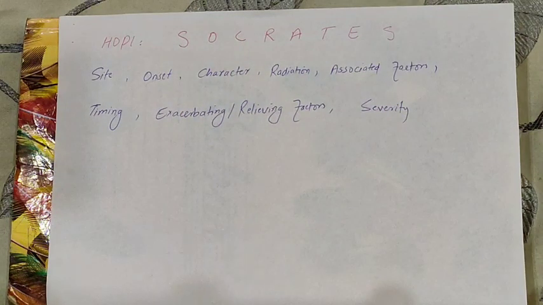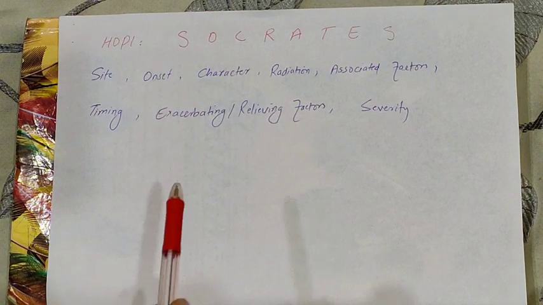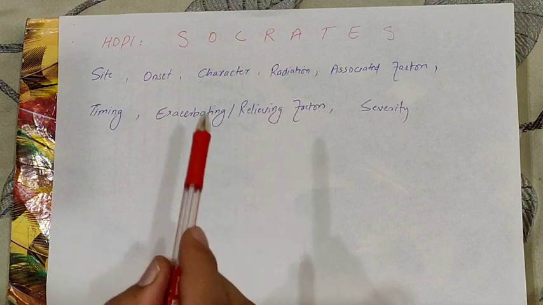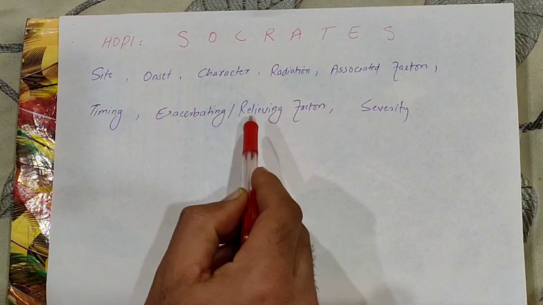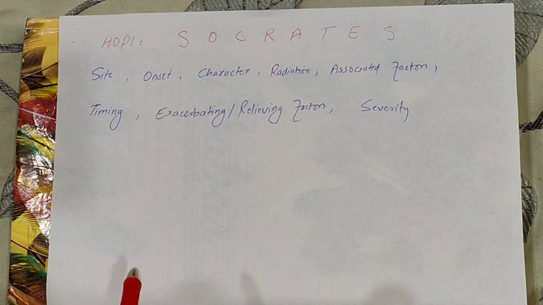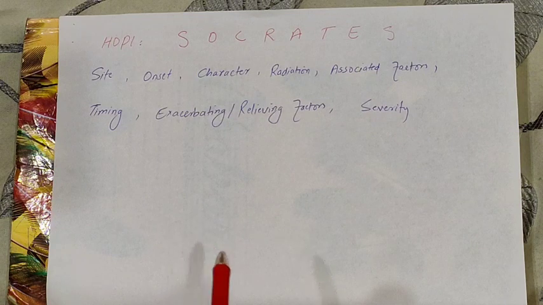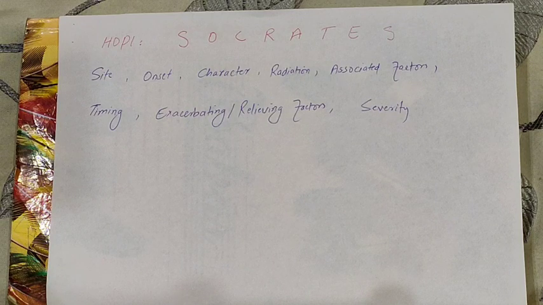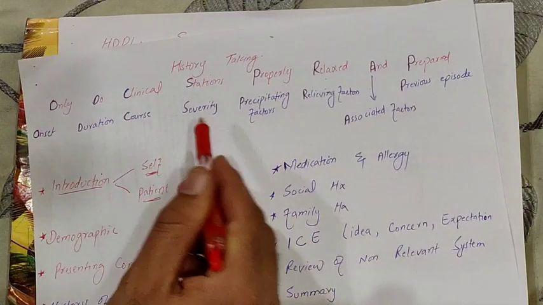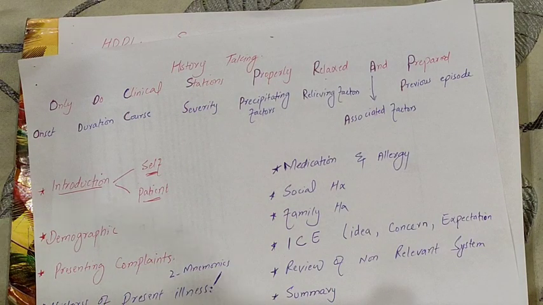So if a patient's main or chief complaint was pain, then definitely in the history of present illness you will follow this mnemonic. And if the patient's main complaint was something else besides pain, then you will use the other mnemonic, which I have already told you, which was: only do clinical stations properly, relax and prepare.